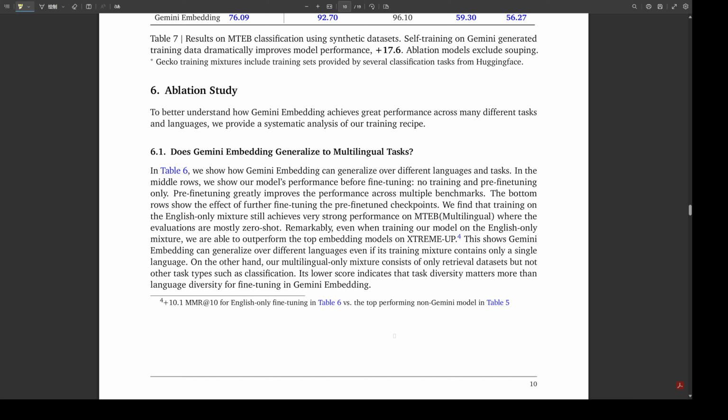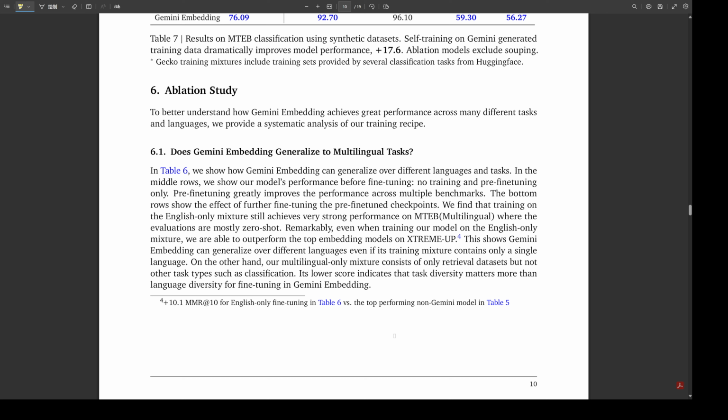They test things like bitext mining, so finding parallel sentences in different languages, text classification, semantic clustering, document and code retrieval, and measuring semantic textual similarity. So they're really putting it through the paces. Oh, yeah. They specifically report their performance on 3 subsets: MTEB Multilingual, MTEB English v2, and MTEB Code. That really highlights how generalizable Gemini embedding is. Absolutely. It's designed to work across a wide range of languages, not just one or two.